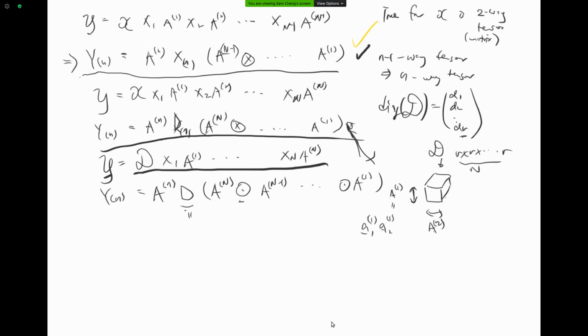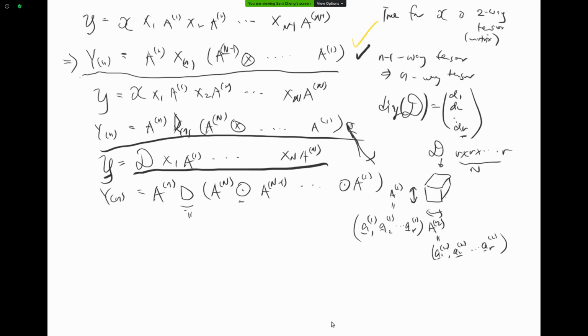I just expand A1 into its columns, so I have R columns of them. And A2 also has R columns of them: A1,2, A2,2, and so on up to AR,2, something like that.